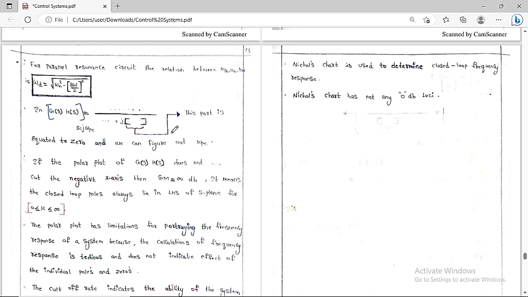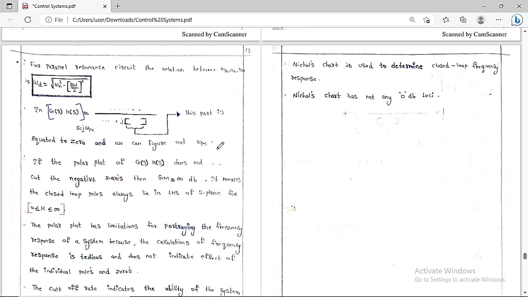Either by this one also you can get the phase crossover frequency. So in the case of G(s)H(s), substitute s equal to j omega PC. You are going to get some equation like this, and equate the imaginary part of the denominator to 0 and you are going to get the value of the omega PC. So this part always you have to keep in your mind. So finally, for the open loop transfer function G(s)H(s), if you substitute s equal to j omega PC, you are going to get like this.